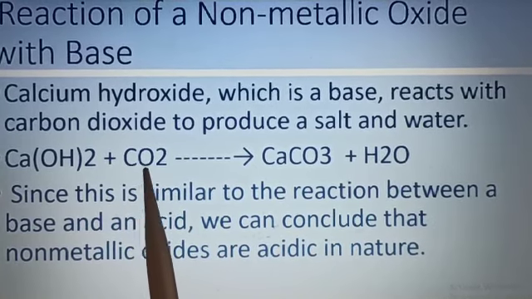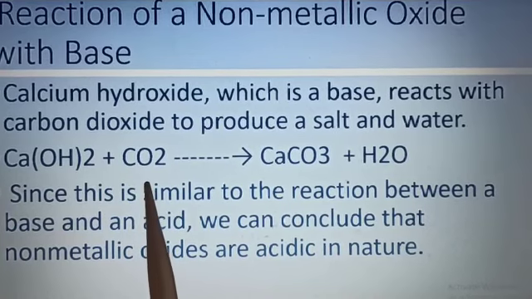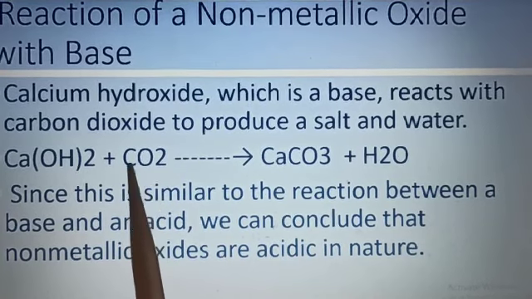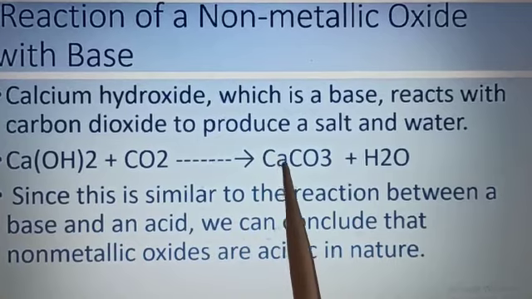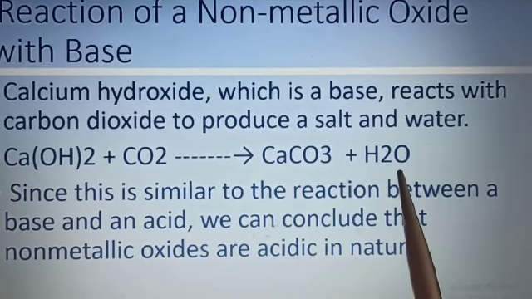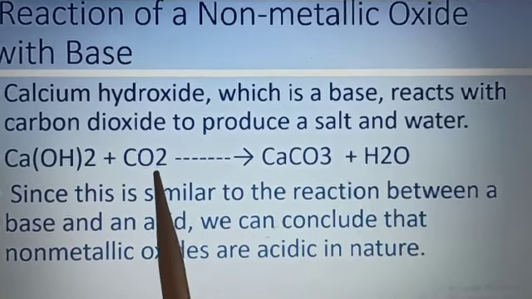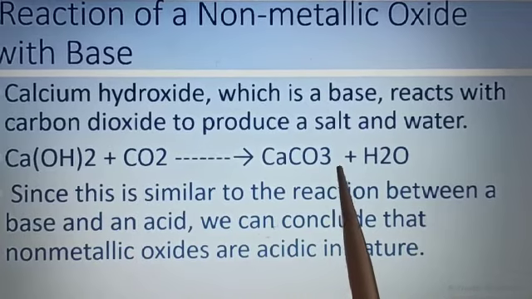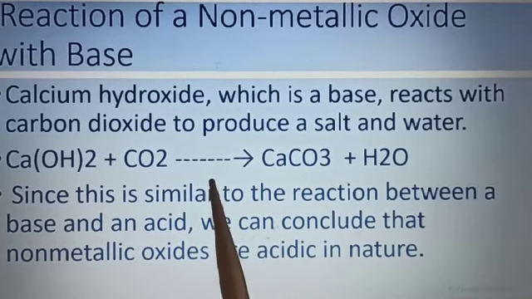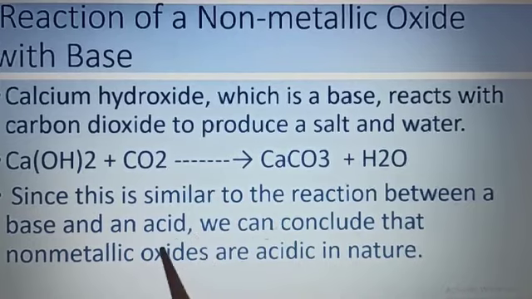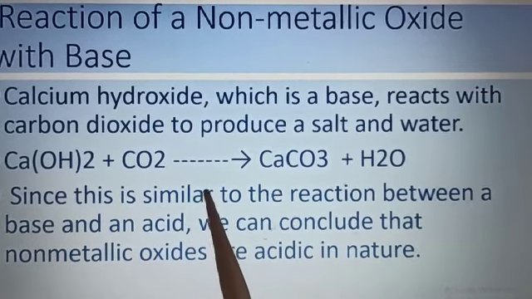So it acts as an acid here, because acid plus base gives salt and water. So if the reaction is again similar to that of the acid and base reaction, we can conclude that the non-metallic oxides are acidic in nature.